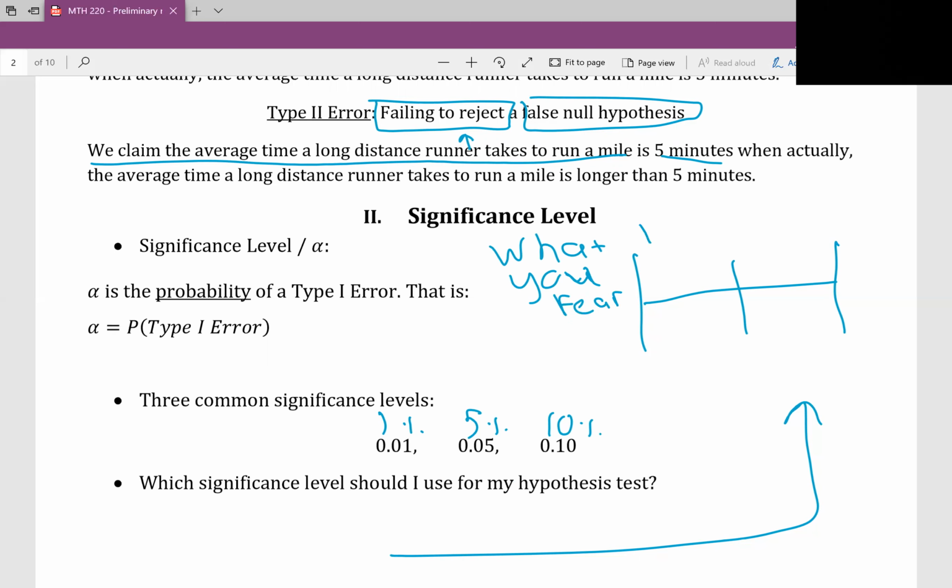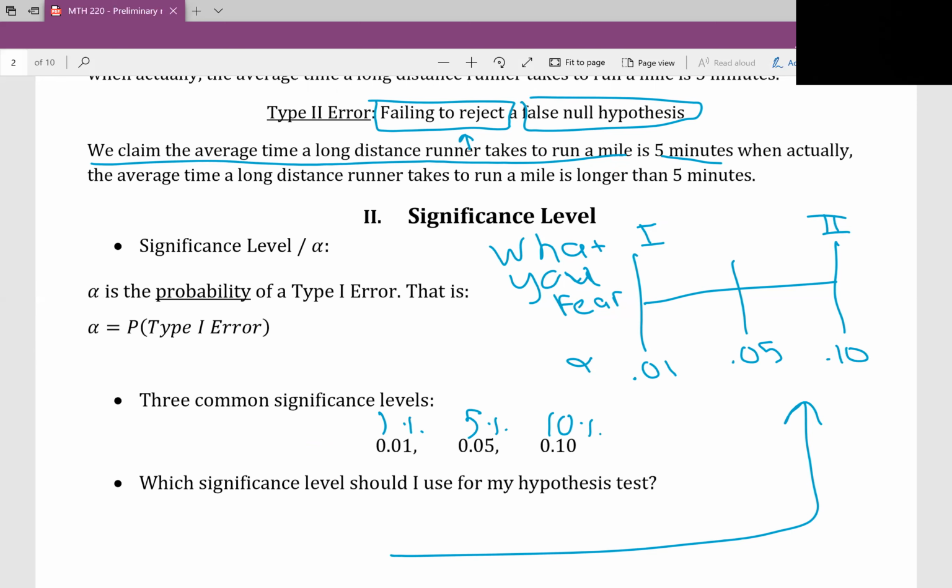Okay, so we might fear a type 1 error, we might fear a type 2 error, or we might be somewhere in the middle. What we have on this bottom row is alpha, our significance level. The common values for alpha are what are going to go on this bottom row. So 0.01, 0.05, 0.10.